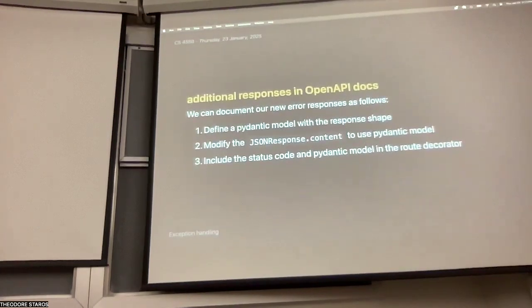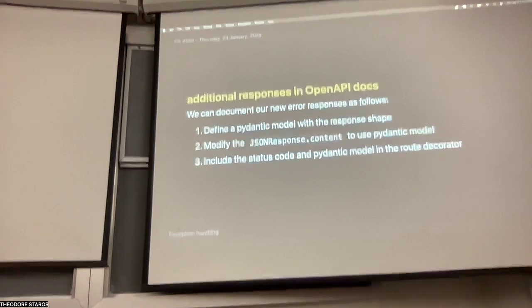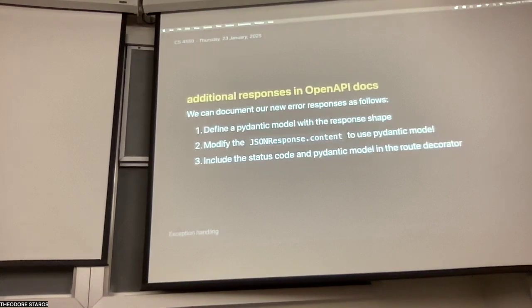Chase asks on Piazza, how do we document these error responses? The idea here is that you can return those responses and they're great, but they don't show up automatically in the documentation. They don't show up as an example, they don't show up in the schema, they're just sort of nowhere to be found.